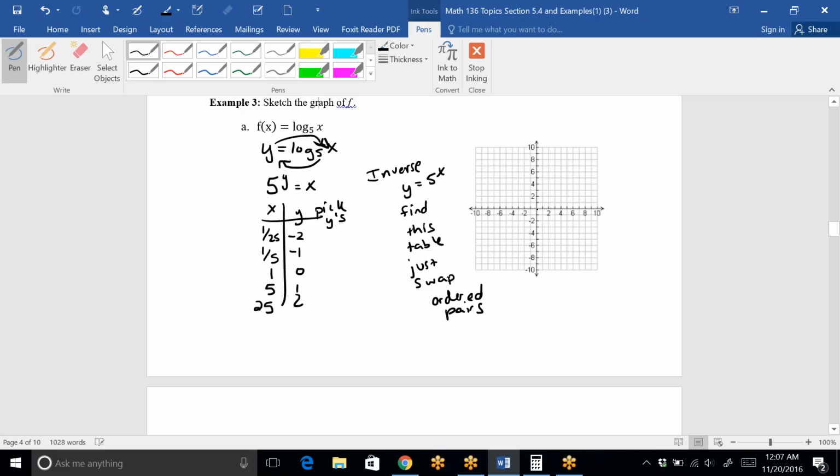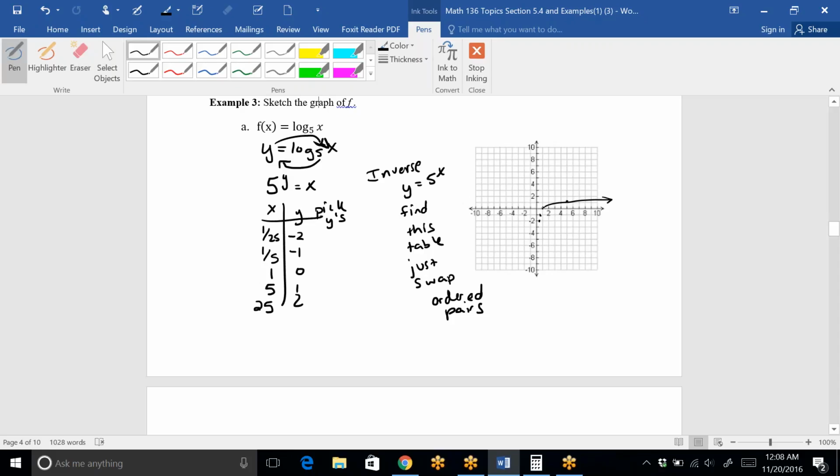So we get 1/25, negative 2; 1/5, negative 1; 1, 0; 5, 1; and 25, 2 is way off our radar, but you see enough to see that, remember how the exponent, oh, that's a little too close to the line.